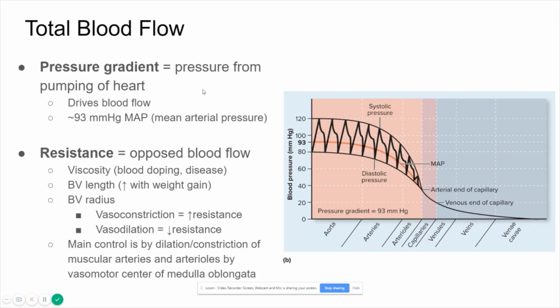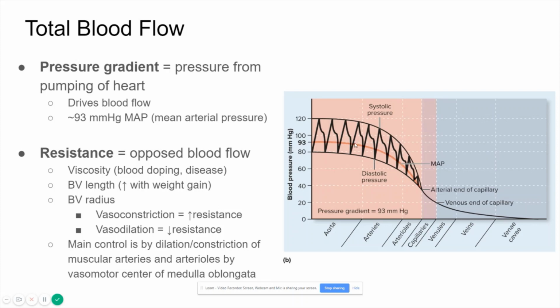You can describe this using the MAP, or mean arterial blood pressure. So in this case, this person has a blood pressure of 120/80 and a mean arterial blood pressure of 93. In other words, this 93 millimeters of mercury pressure is what's driving blood through the cardiovascular system.